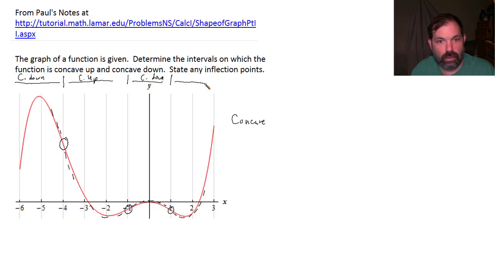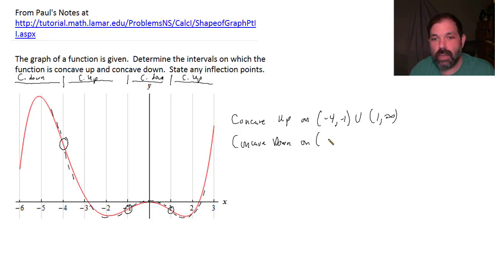And the last interval, from what we can see, concave up. So this is concave up on the intervals -4 to -1, or 1 to infinity. It's concave down on the intervals -infinity to -4, or -1 to 1.